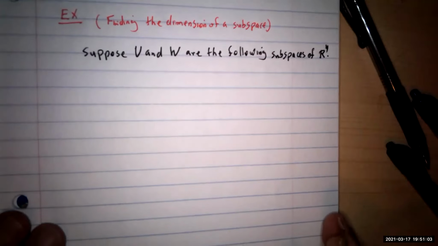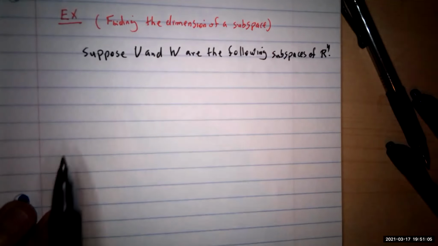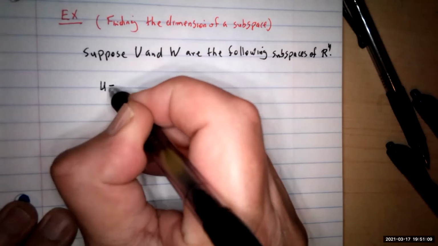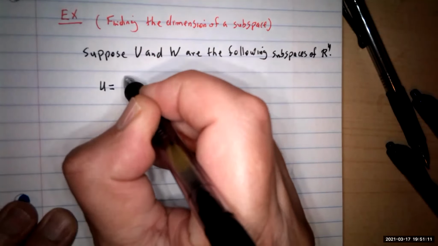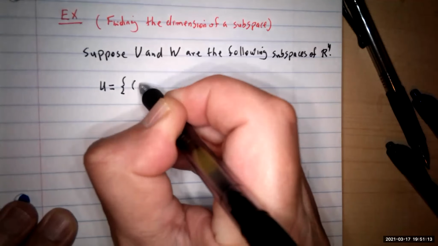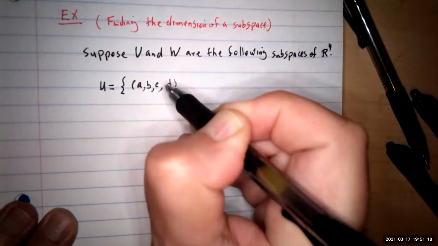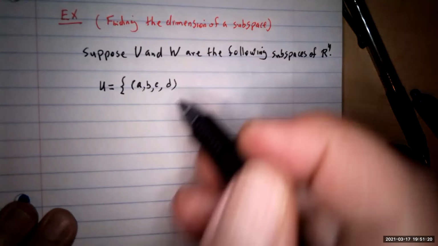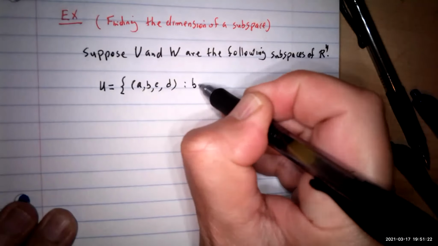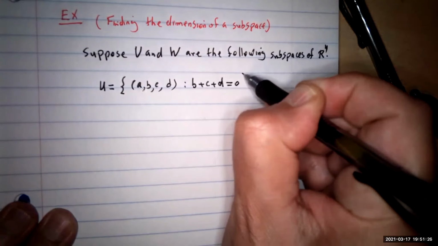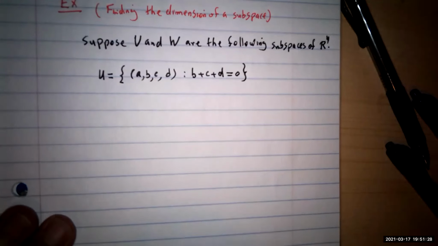The first one, U, is equal to all the elements (A, B, C, D) with the condition that B plus C plus D is equal to 0. That is U, all the vectors with this condition.